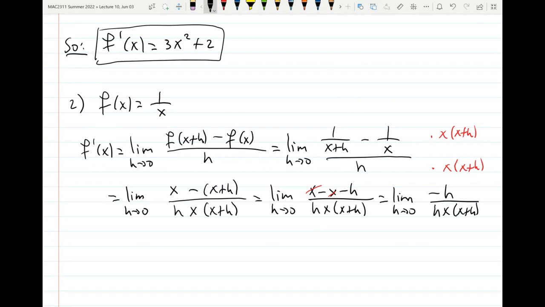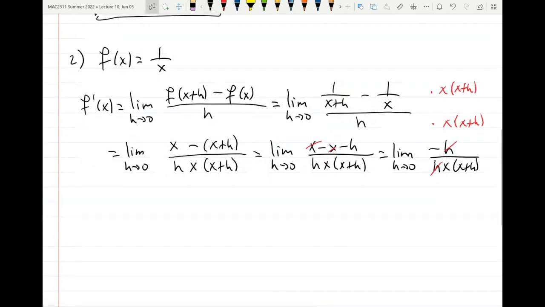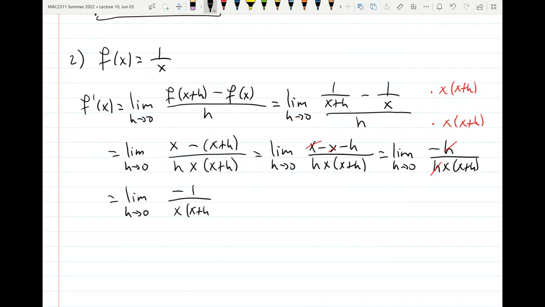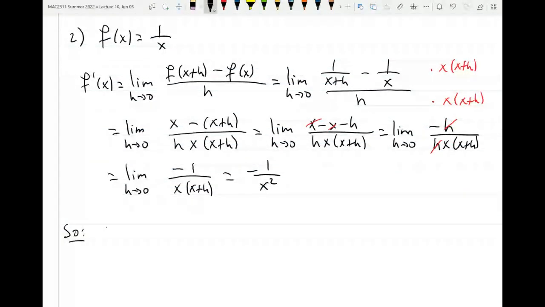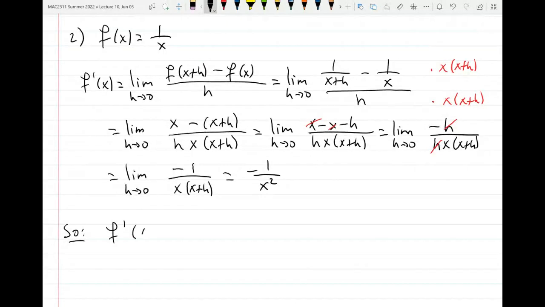And this is good because the h cancels, and then we are left with the limit as h approaches 0 of negative 1 over x times x plus h. When we take this limit as h approaches 0, we obtain negative 1 over x squared. So, moral of the story, the derivative of the function 1 over x is negative 1 over x squared.